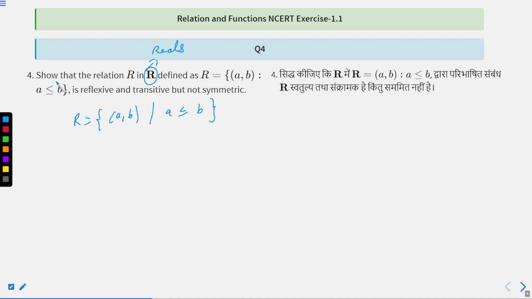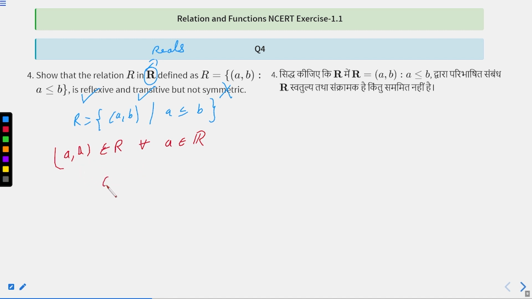Yes, as the question says, show. The question is already telling us that it is reflexive and transitive but not symmetric, but we need to show it. How are we going to show it? It is quite easy. For reflexivity, what do we need to show? A comma A belongs to the relation R for every A belonging to the set of reals.